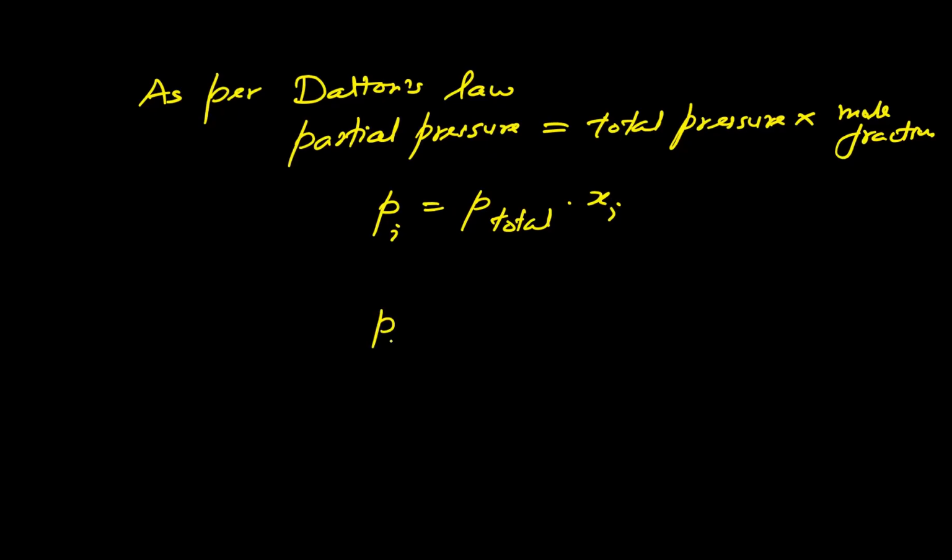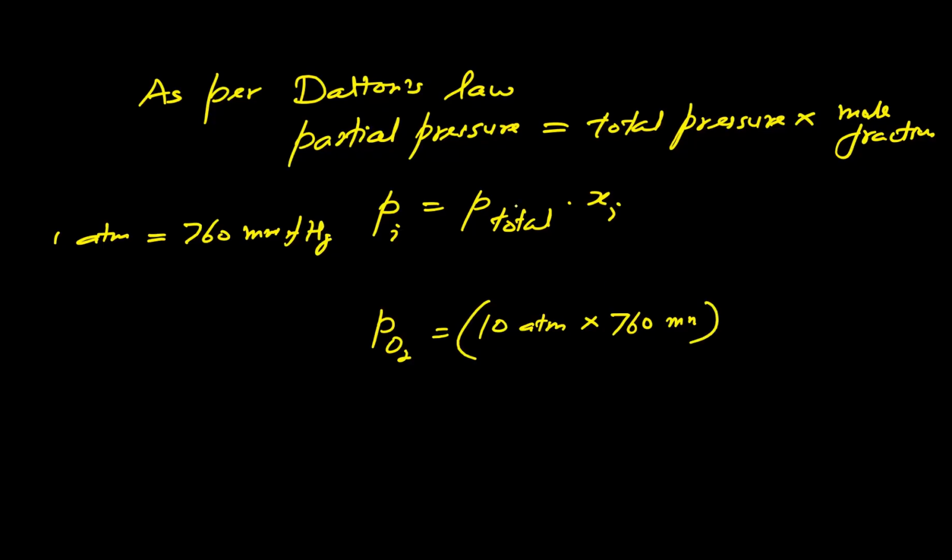So PO2 will be equal to P total, which is given as 10 atm. You will convert it to millimeters of Hg. 1 atm is equal to 760 millimeters of mercury. So now we have converted this P total of 10 atm to millimeters of Hg. Multiply that by the mole fraction, which is its percentage: oxygen is 20%, meaning 20 by 100.